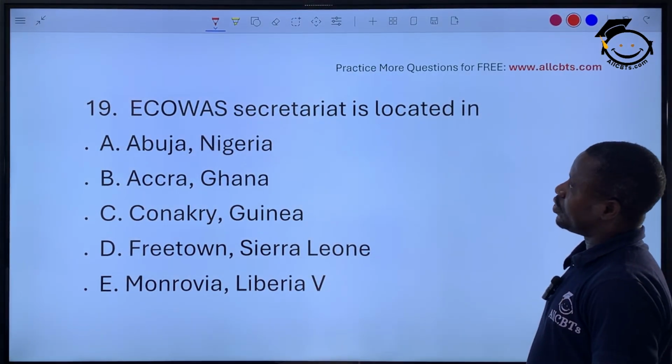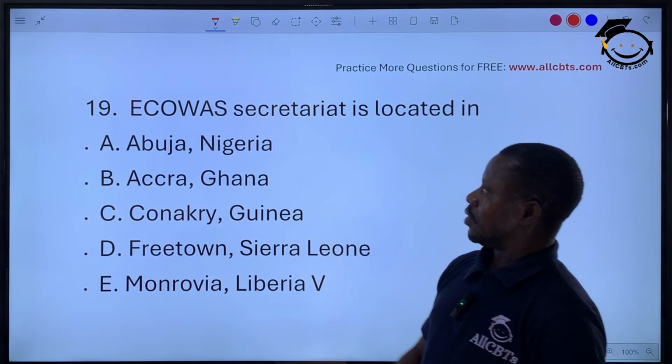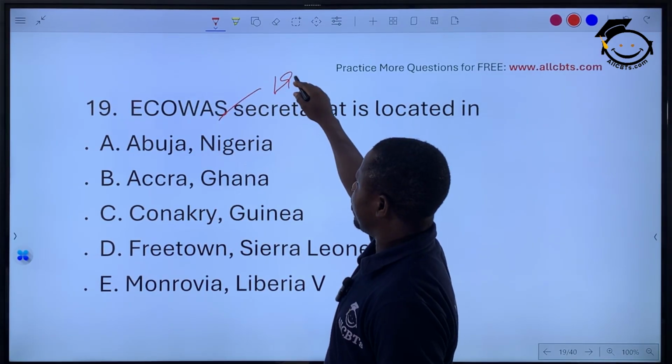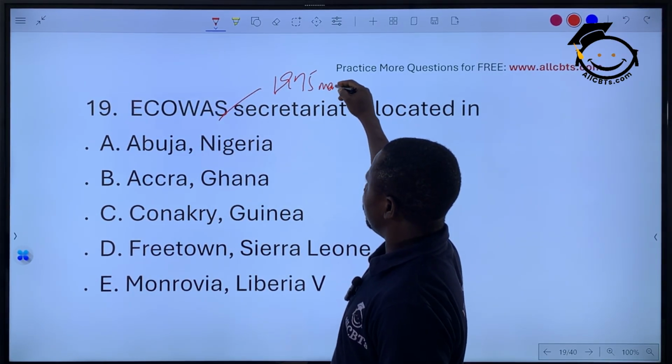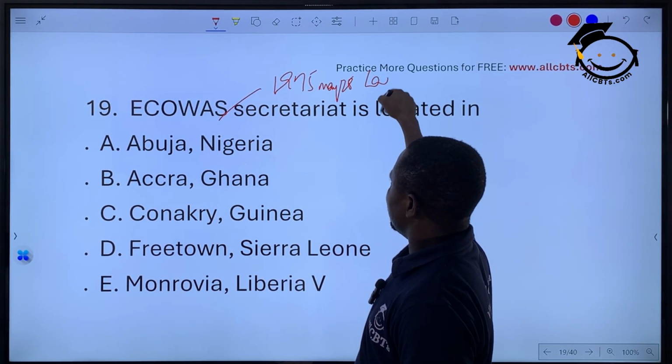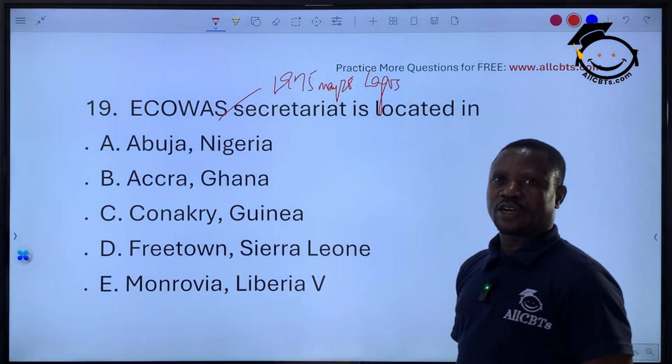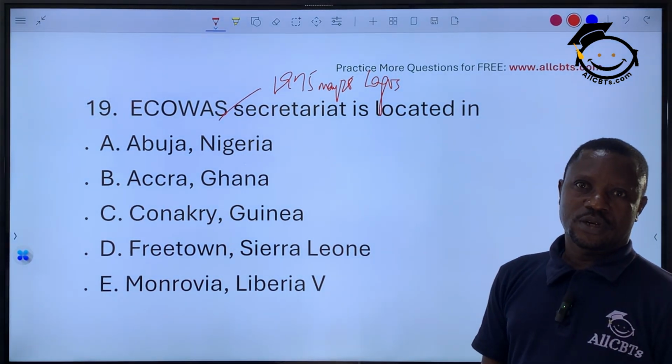ECOWAS Secretariat is located in... ECOWAS was created in 1975, on May 25th, in Lagos. At that time, Lagos was the capital of ECOWAS.